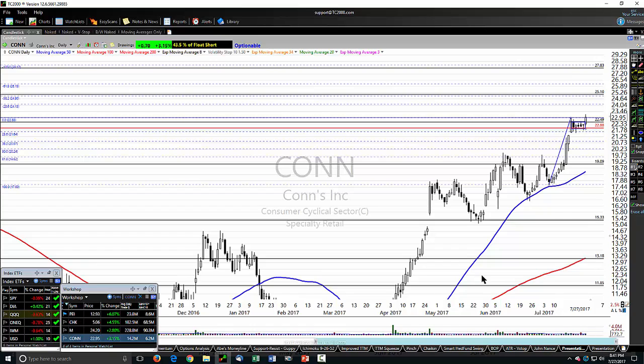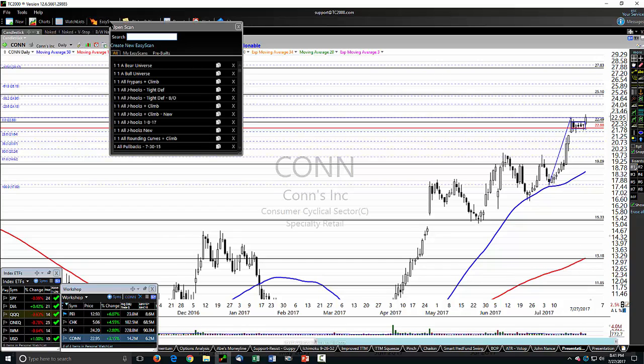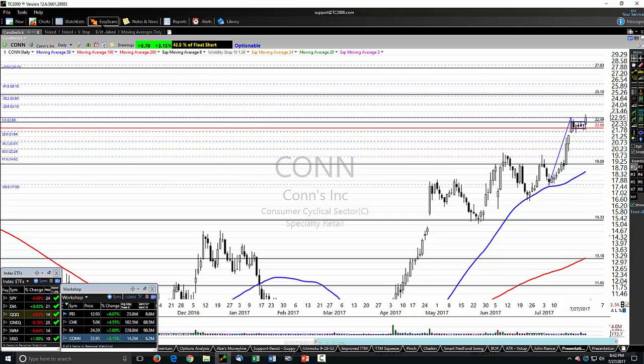How do I get the scanner? Do you mean how do you? The scans are written in TC2000, and the scans are my own. I've created them. There are a few in there that I got from somebody else, or that I worked on for somebody else.